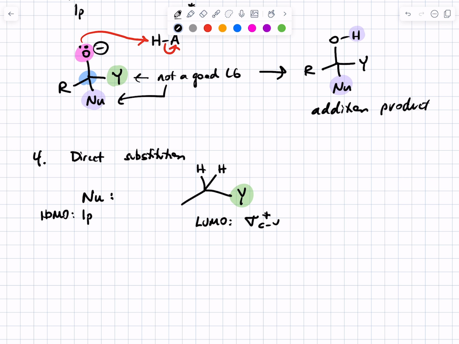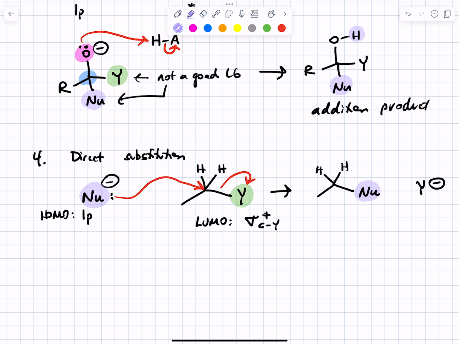The LUMO is the carbon leaving group sigma star. So what happens here is direct substitution all in a single step. Nucleophile attacks the carbon leaving group sigma star. We form a new bond between the nucleophile and the sp3 carbon, and the leaving group leaves. That happens in biology, you won't see it a lot, and so I mention it here in case you have to deal with it, and so we can refer back to it if we need to.